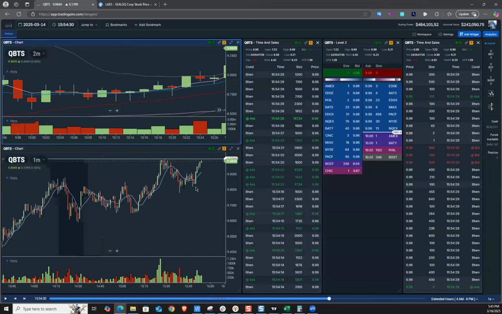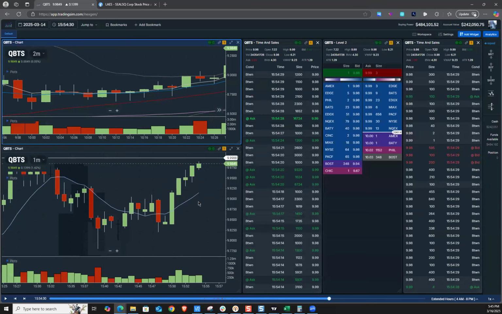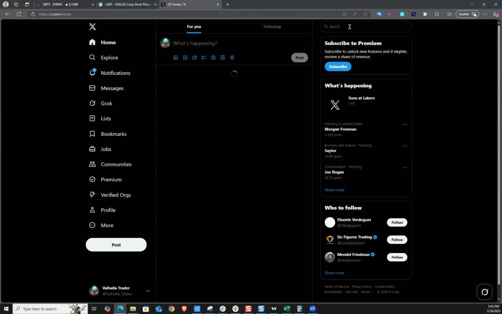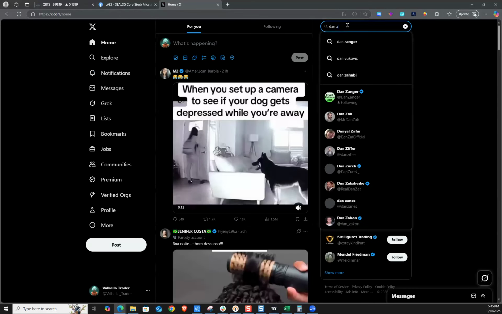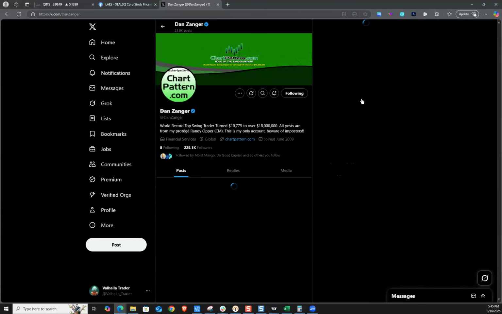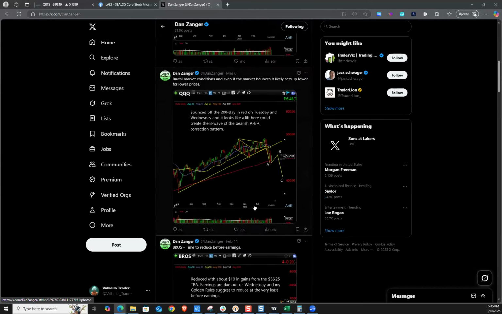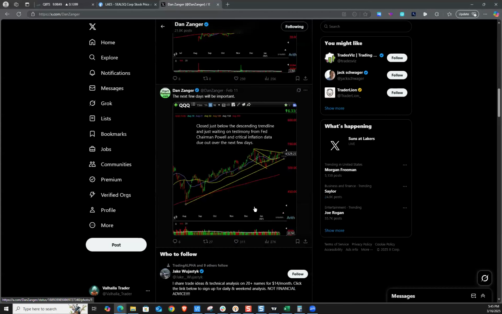A lot of the Qualmagi guys are long, like QUBT from 2 days ago. I think I saw Dan Zanger talking about it. Yeah, I mean they're going to long it just because the probability is going to take it back to 15.05 to 16.59. This was like one of Christian's 2 trades he took to make his first 5 million.